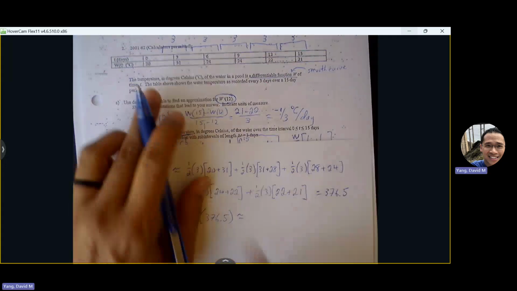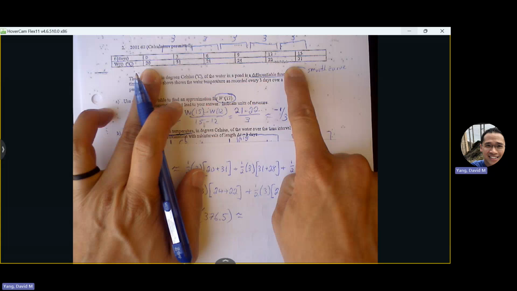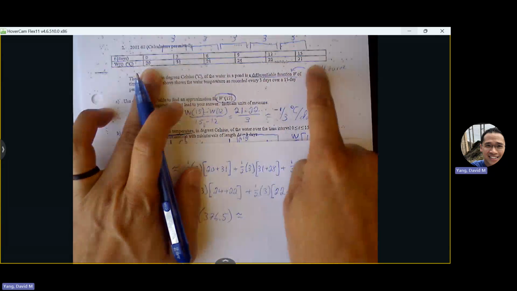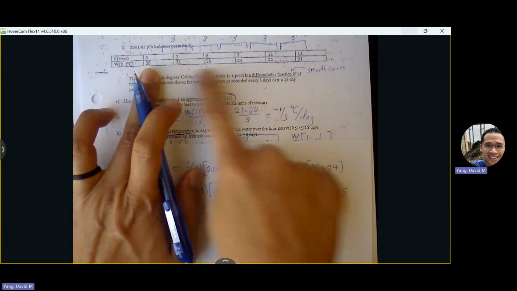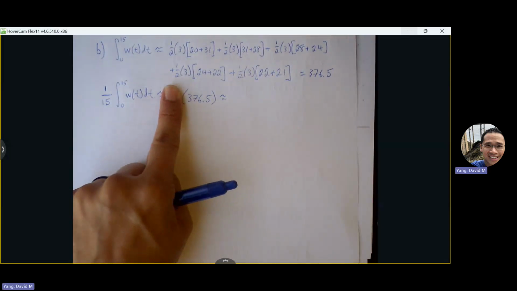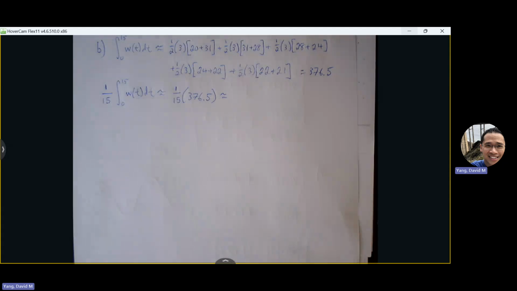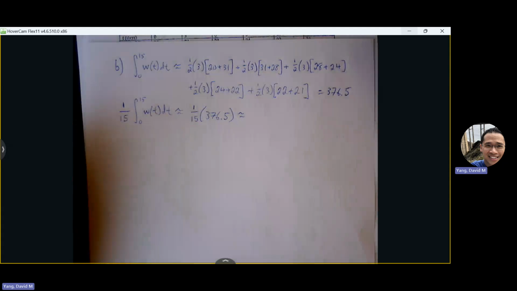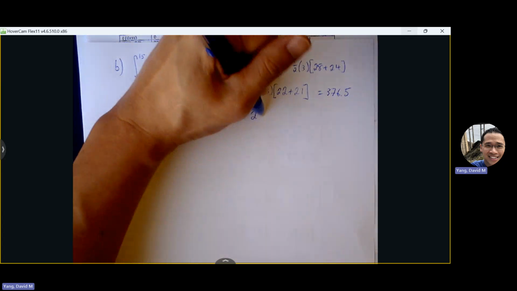I mean, we see all these temperatures here between 20 and 31. So our average temperature should be some number between these numbers that we see, right? Like if we see our answer being 376, that doesn't quite feel right. It doesn't feel like average temperature if we're just oscillating between 20 and 30. So we've got to divide by 15. And that's going to get us to 25.1 degrees.